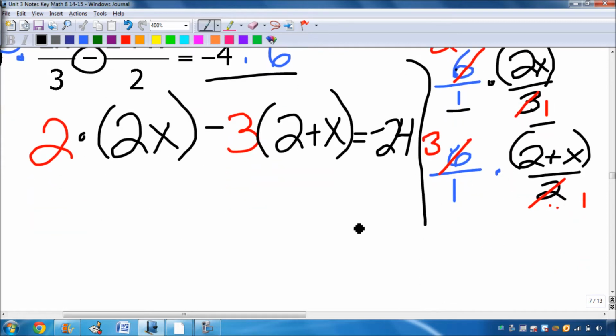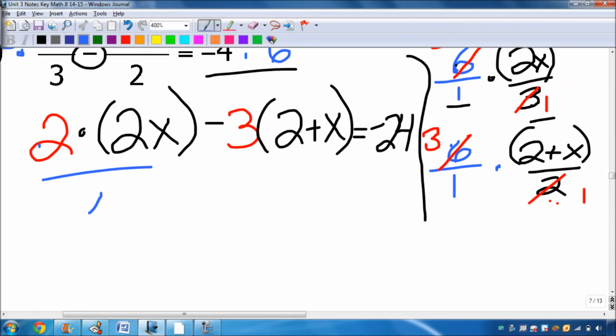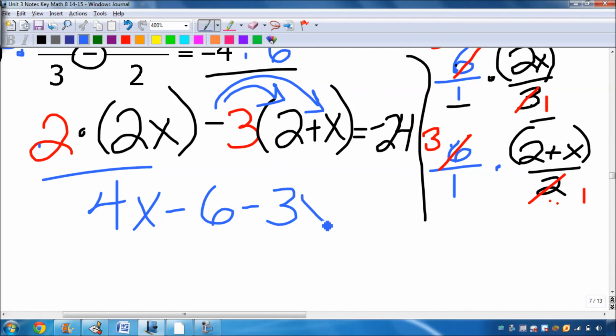Now, before we move on, the whole point of multiplying by a common denominator is to get rid of your fractions. If you still have fractions, you did not multiply by the common denominator correctly. Now that you've done this, the rest is easy peasy. We've already done this stuff before. 2 times 2x gives you 4x, and then negative 3 gets distributed to this 2, so you get negative 6, and then this negative 3 gets distributed to this x, so you get negative 3x equals negative 24.